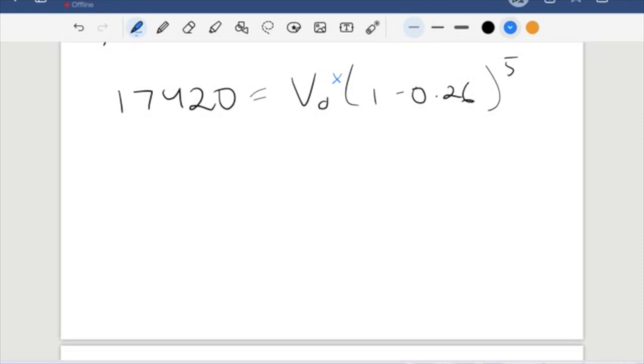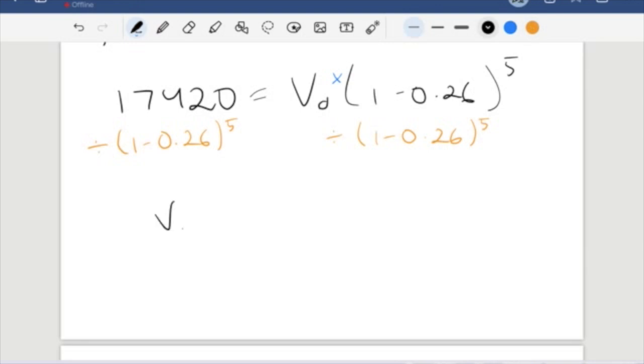So we're just trying to get V0 on its own, the initial value. So, like with any equation, because it's multiplying by 1 minus 0.26 to the power of 5, we can divide both sides by it to get our V0 on its own.